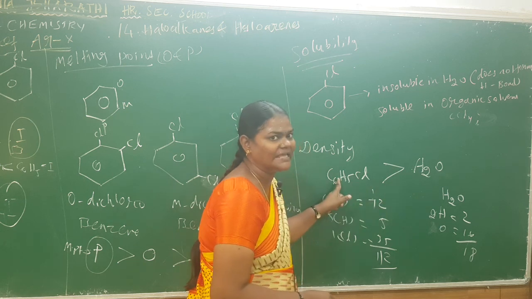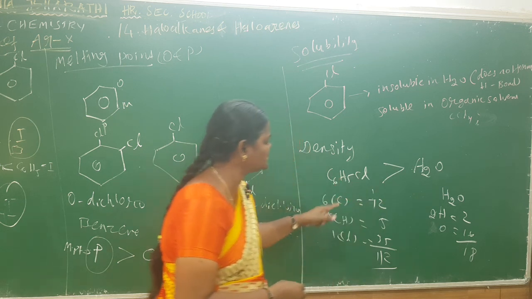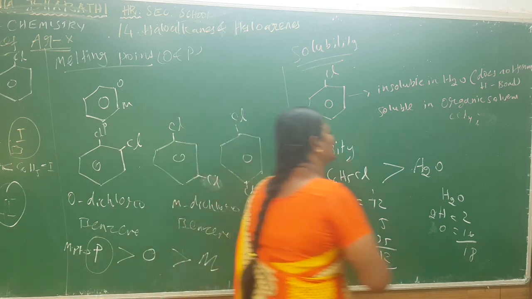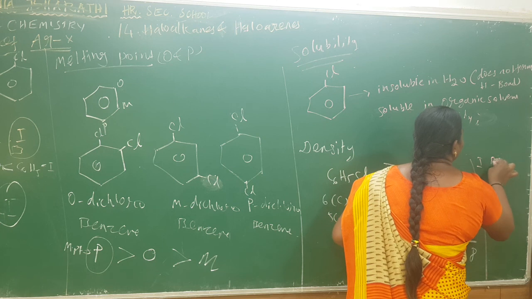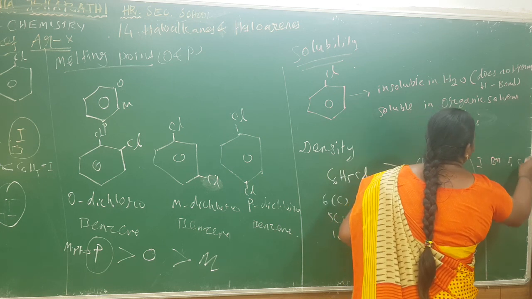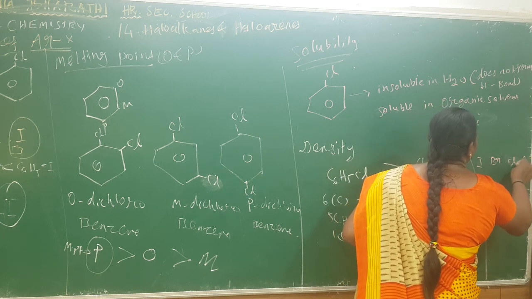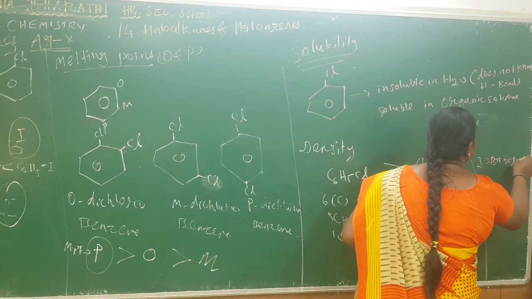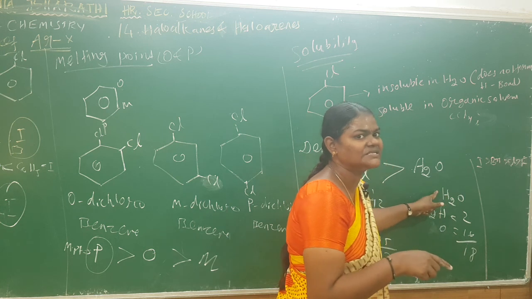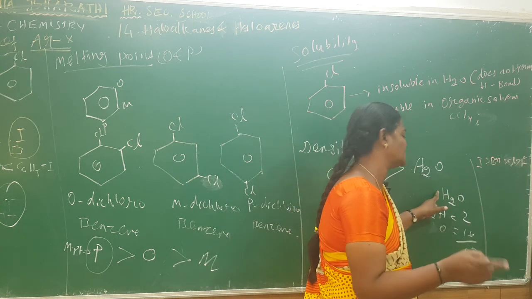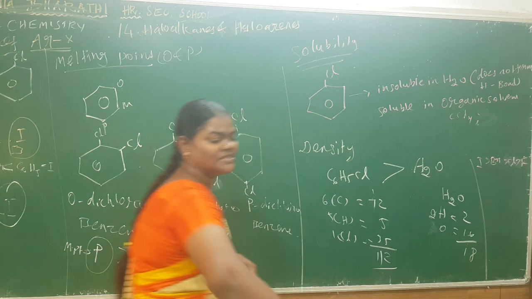Among haloalkanes, the higher densities are with iodine, bromine, chlorine and fluorine substituents. Iodine attached to the benzene ring gives more density compared to other halogens.